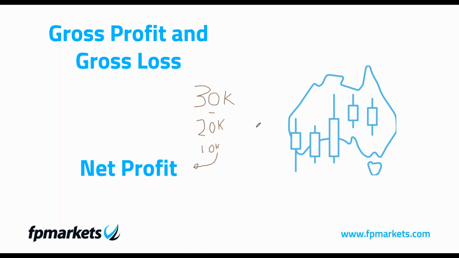Ideally, we always want our net profit to be in the green, so positive values, meaning our profitable trades exceed our losing trades. I believe many traders also refer to this value as their bottom line. However, while having a strong bottom line is important, it's equally important to understand what risks we are taking to achieve this bottom line.